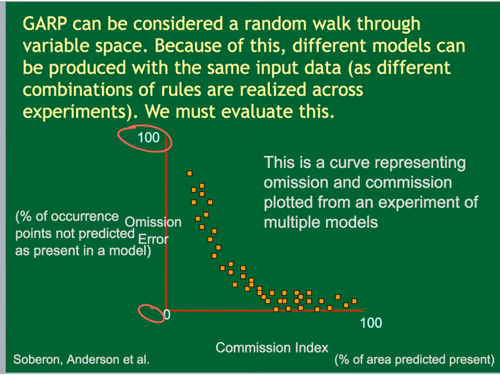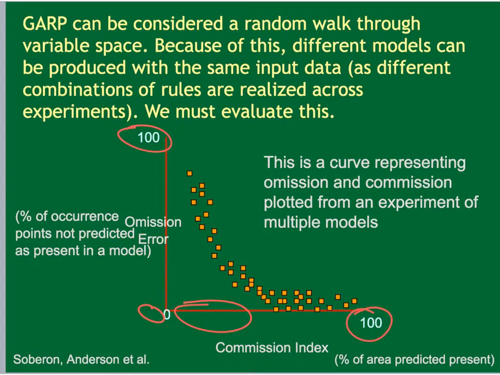And then across the x-axis we have commission. And we know that if we predict 100% of the landscape, that model is not sensitive enough for predicting the species because we've predicted it everywhere. On the other end, if we predict a very low amount of the landscape, that's also not a good model because we're probably under-predicting.